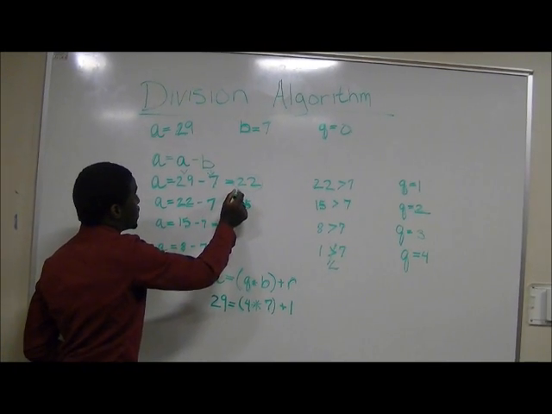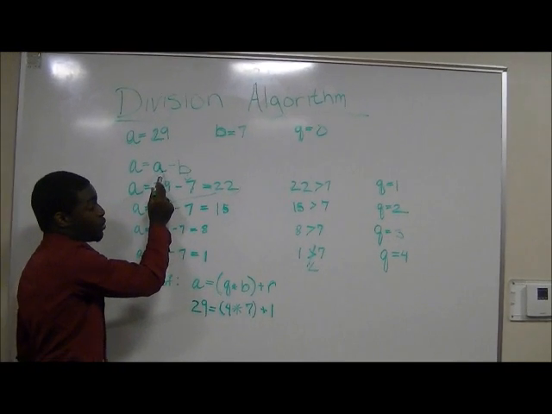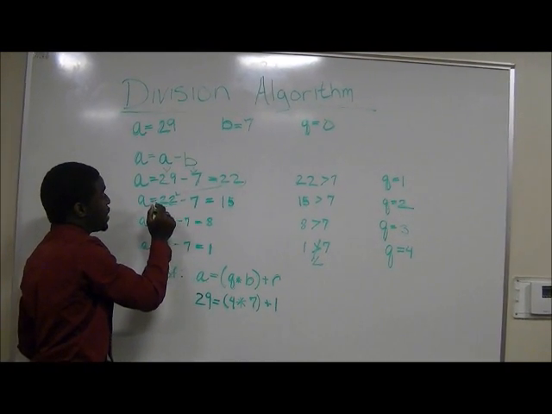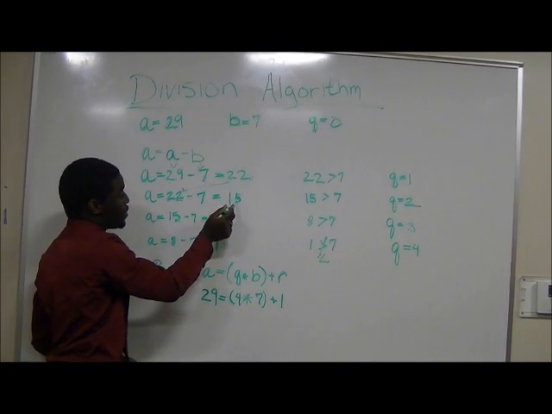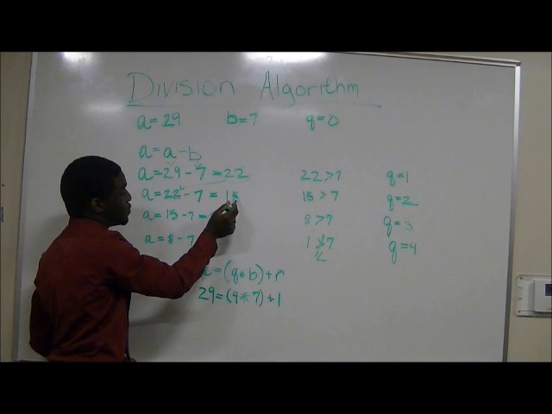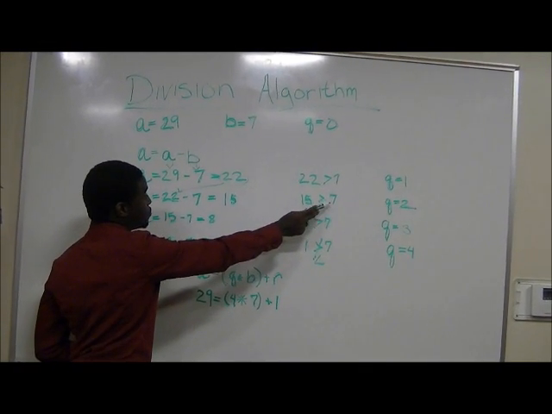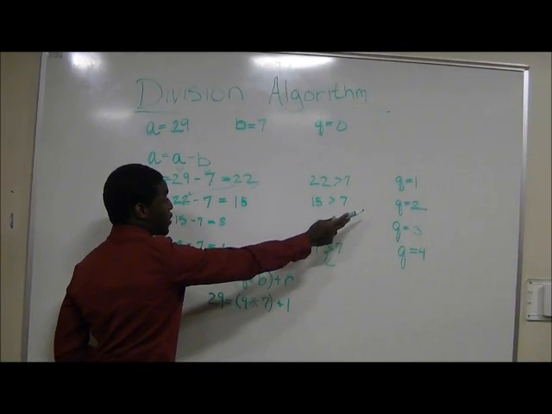And then you would take your new A and reapply it into your equation, which is A minus B, to get A equals 22 minus 7. And your new A would be 15. And again, you would compare your new A to your B, and that will bring you to your second count.